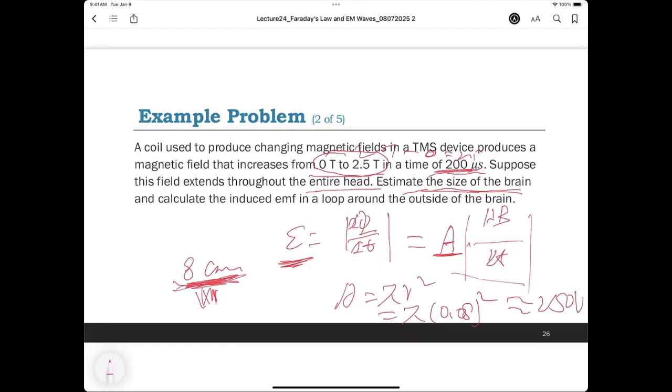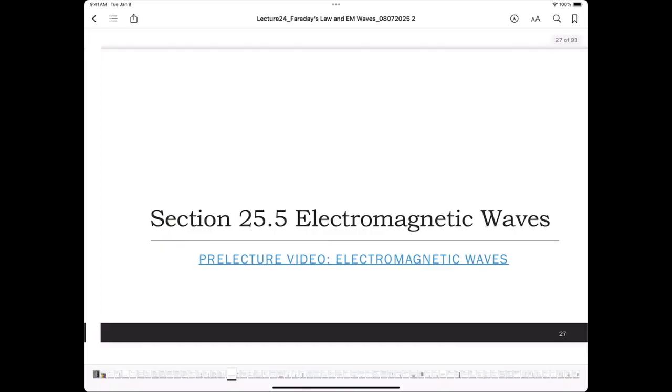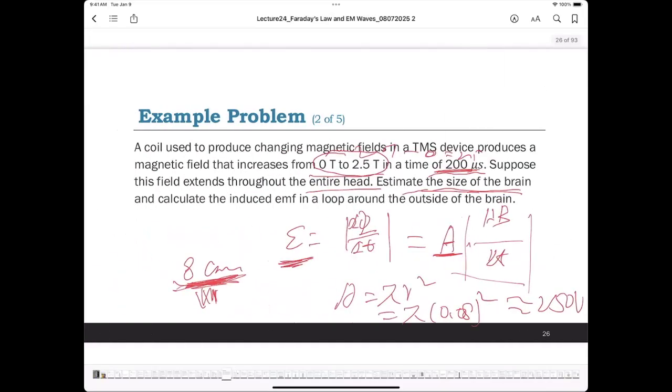Okay, let's talk about electromagnetic waves. We have already talked about electromagnetic induction. Here we talk about using Faraday's law to calculate the induced EMF, and then use Ohm's law to calculate the current, and then we use Lenz's law to decide the direction of current.